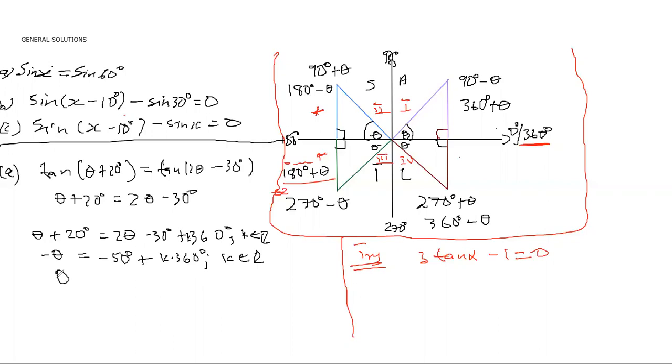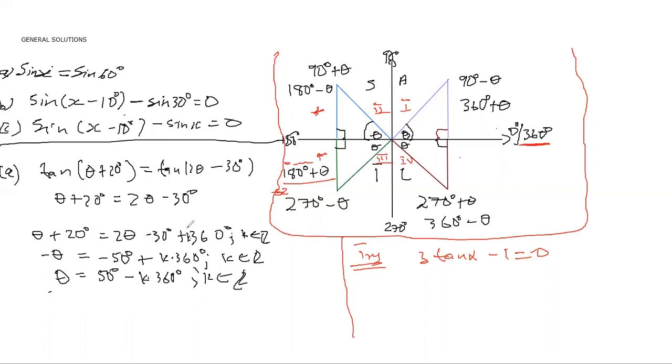Of course, I don't want minus theta, I want theta. So that's going to be 50 minus k dot 360. You see what I meant when I said we're going to do some algebra, but using trig. So that's my first solution.